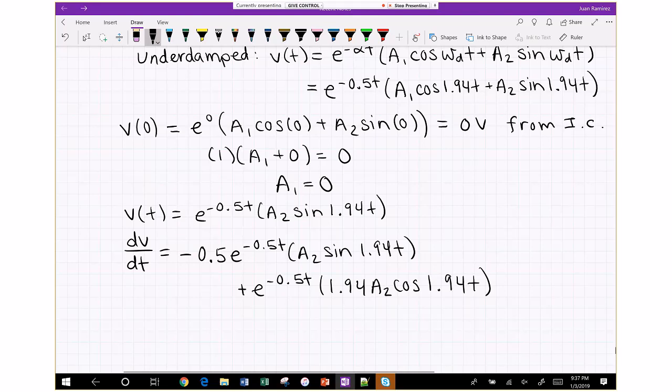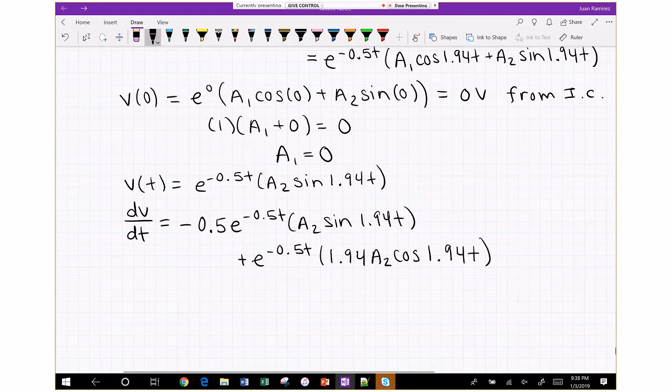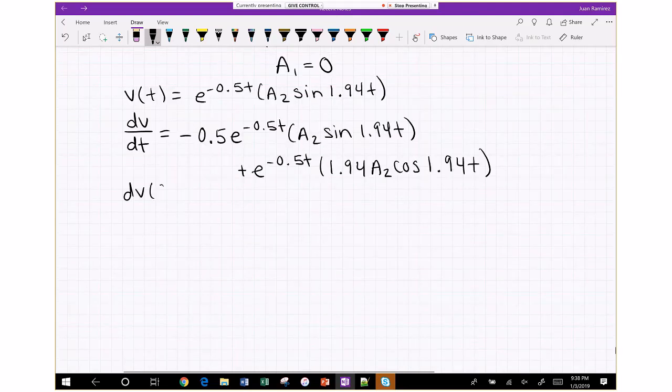And so you should have this here. So now let's plug in our initial condition for the rate of change of capacitor voltage right after that transition, which should be equal to negative 20 according to our initial condition. So let's plug in 0 for values of time.